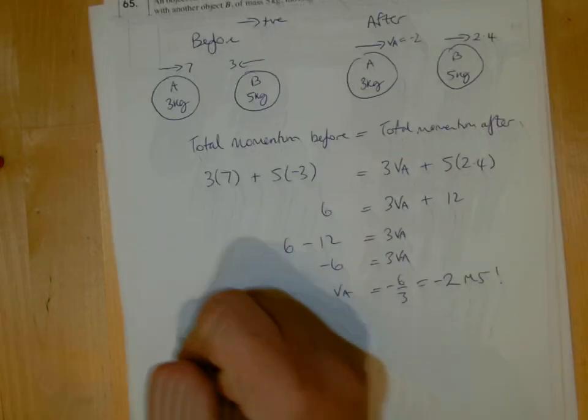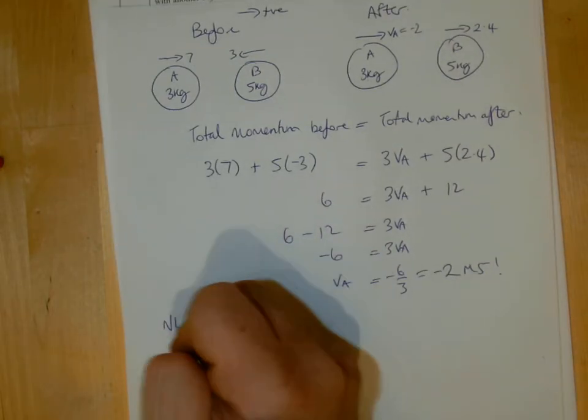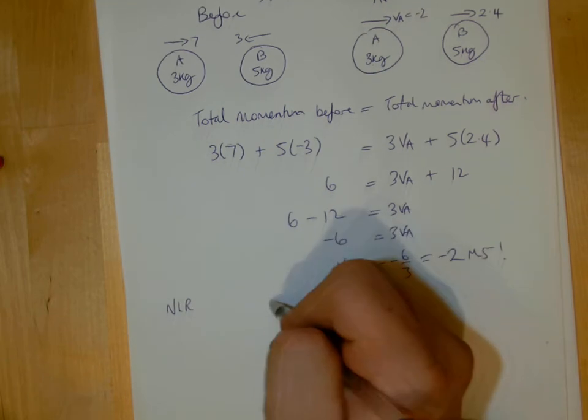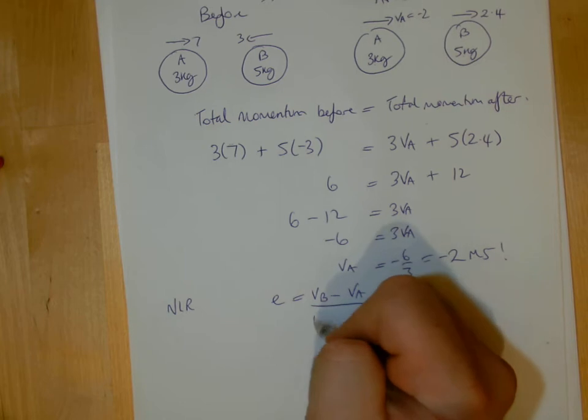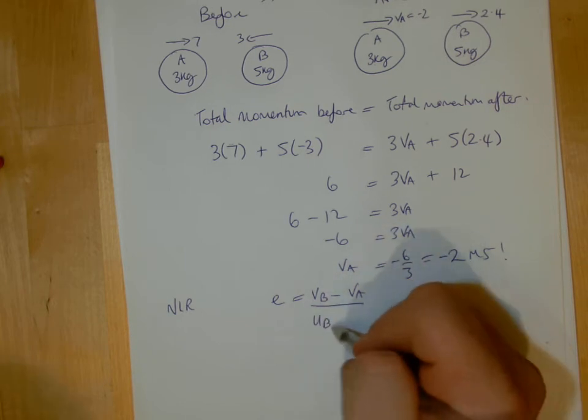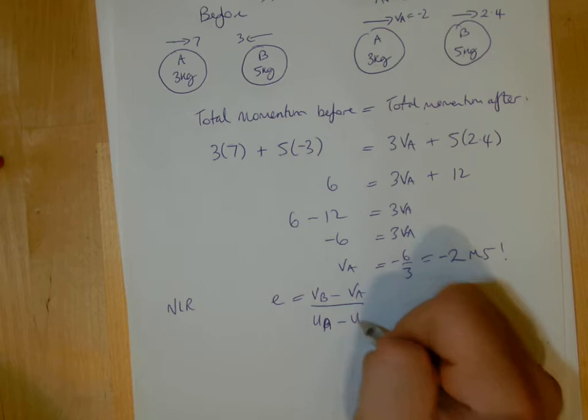So when we do Newton's law of restitution to work out the coefficient of restitution, you can use that formula, can't you? VB minus VA over UA minus UB.